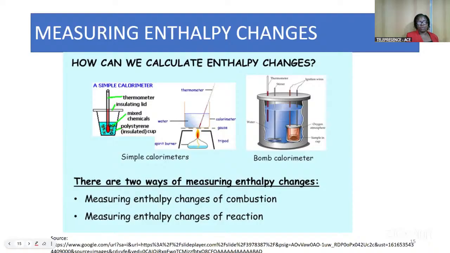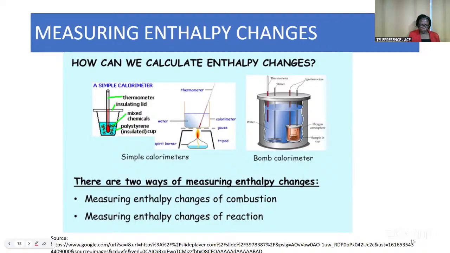But for the very simple ones, which you can do on your own and experience in your part 1 or part 2 practical, you find it simple, like setting up a burner and putting a thermometer in a beaker, or maybe a styrofoam calorimeter can also be used, and then you can set it up to see the heat exchange. So measuring enthalpy changes of combustion is one way that you can use to determine enthalpy changes.